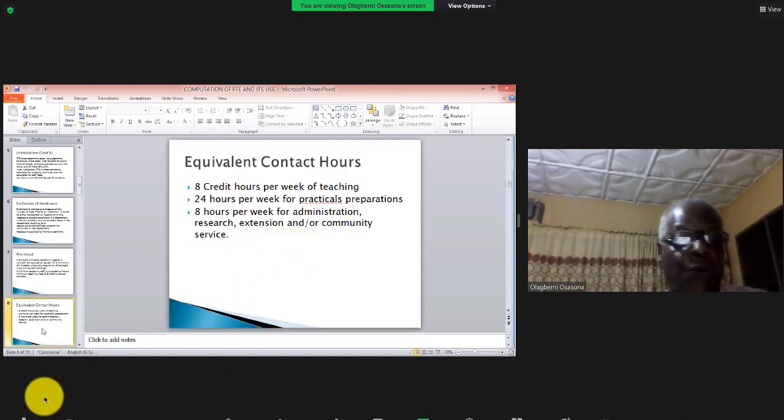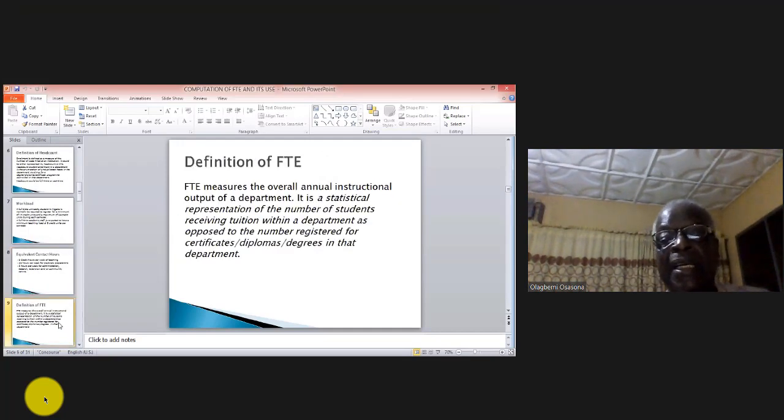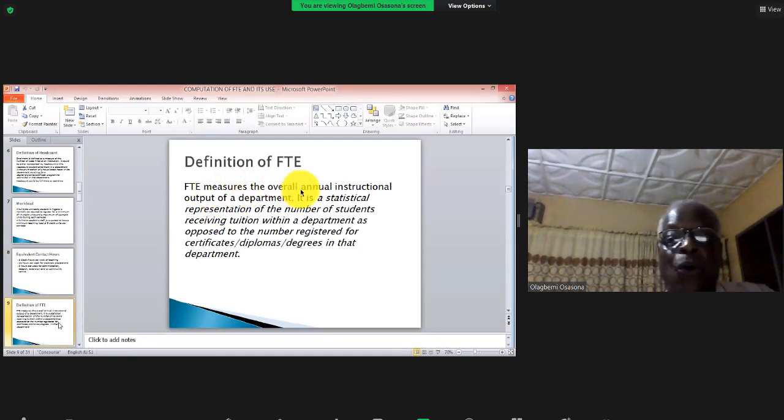What is FTE? FTE measures the overall instructional output of a department. It's a statistical value representing the number of students that are being taught in a department, as opposed to the headcount.